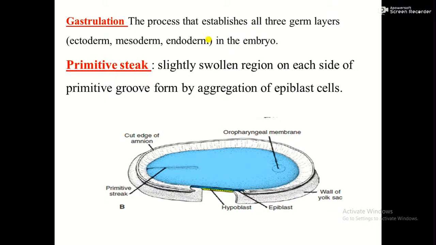Okay, so gastrulation is actually a process that will establish or form three germ layers called ectoderm, mesoderm, and endoderm.